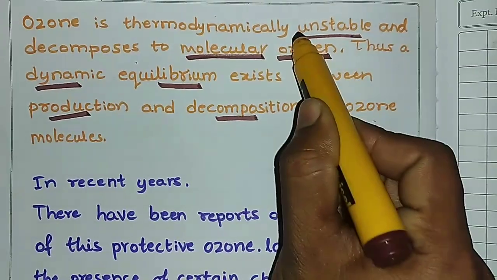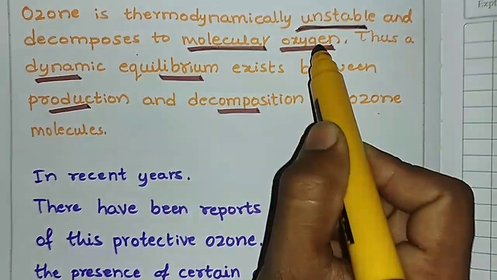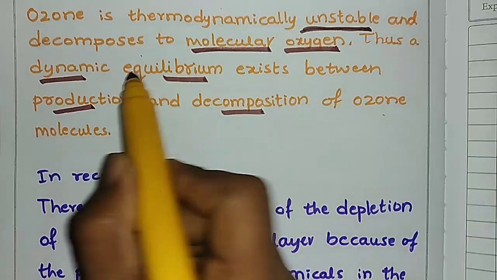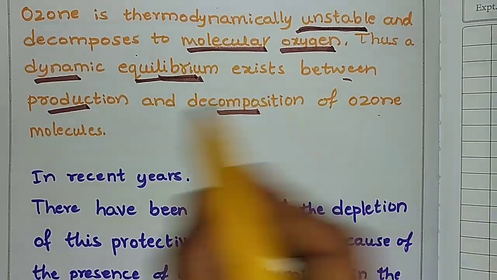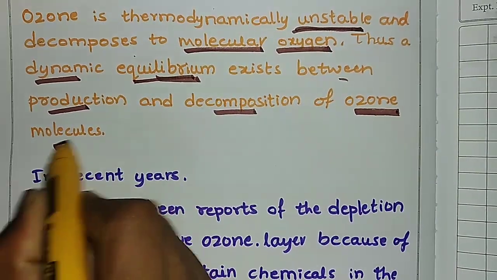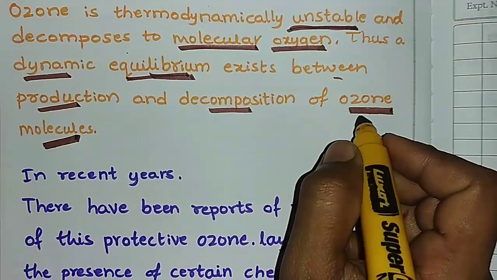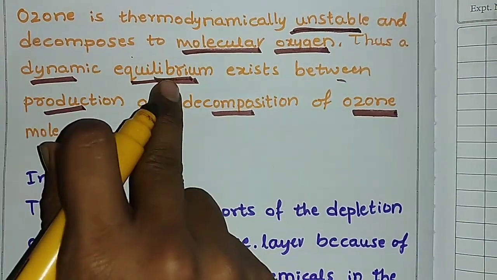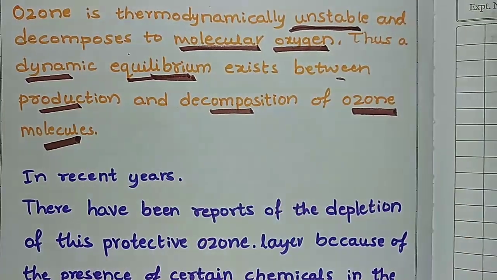Ozone is thermodynamically unstable and decomposes to molecular oxygen. Thus, a dynamic equilibrium exists between production and decomposition of ozone molecules. Remember, while forming ozone molecules, a dynamic equilibrium exists between the production and decomposition.